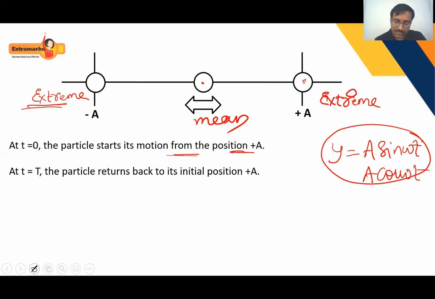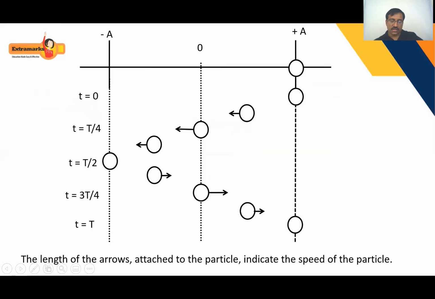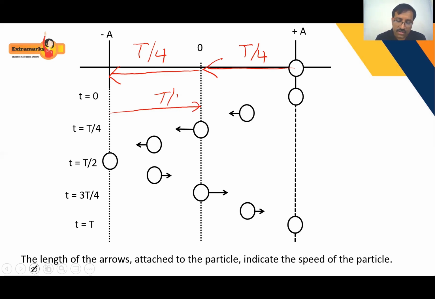But now, if you see how the particle is oscillating: the particle starts from here and it came here. So a quarter oscillation is done, and then again from the mean position to the left extreme, one more quarter oscillation is done. Then from here to here it came back, one more quarter.